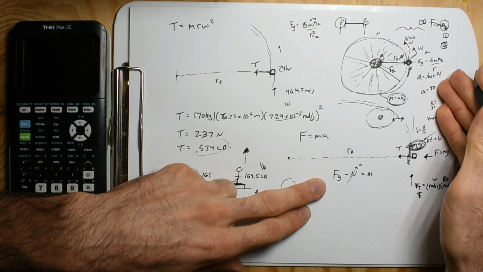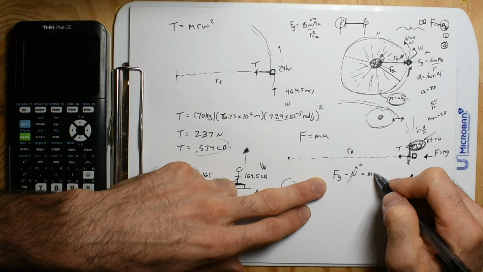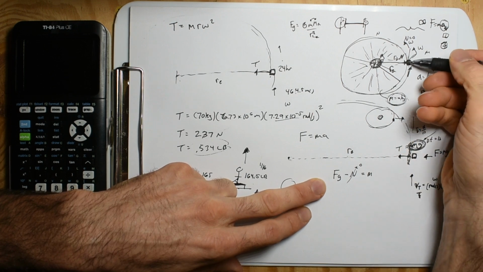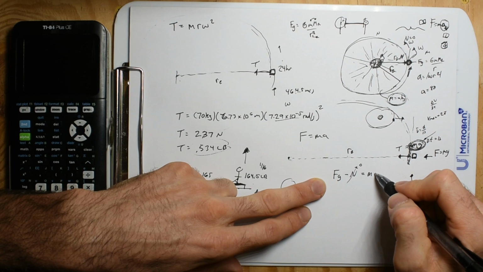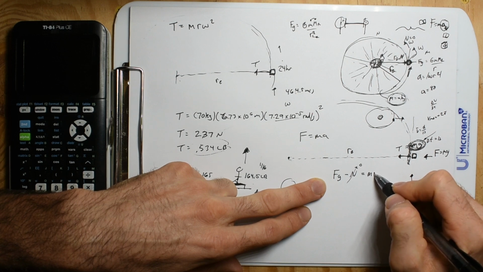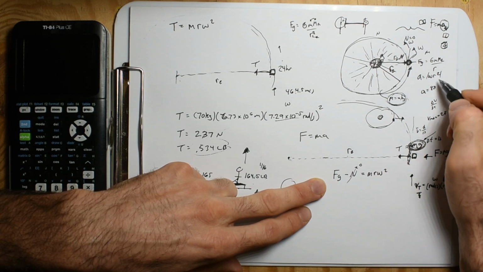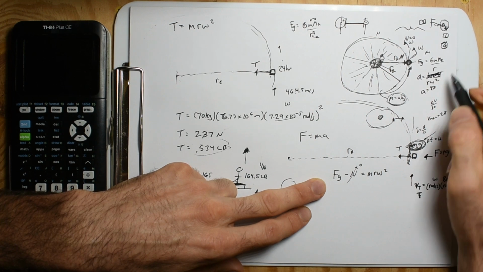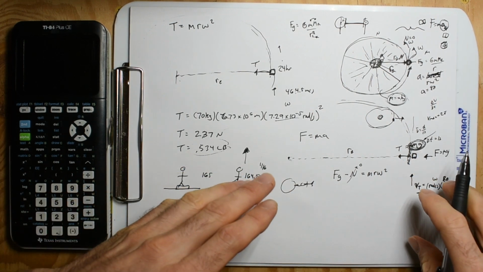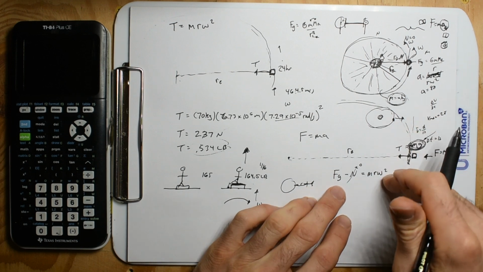I'm going to keep this in the positive, because I'm going to say this Fg is the positive direction. Normal force is negative, and we have a mass times r omega squared. And I write this wrong all the time, r omega squared. But that's why we have the visual proof in the end, or actually the proving of this.